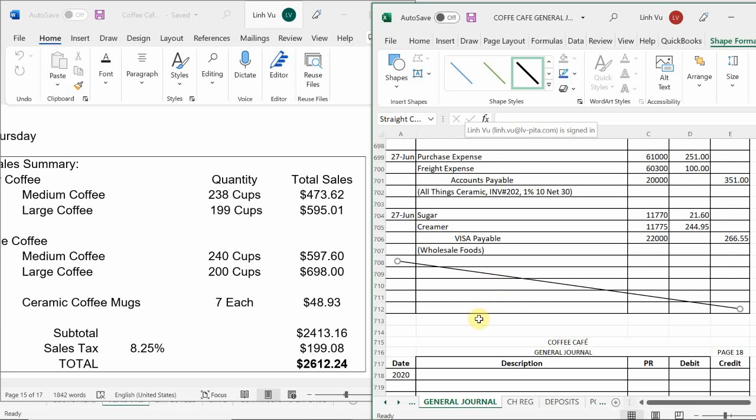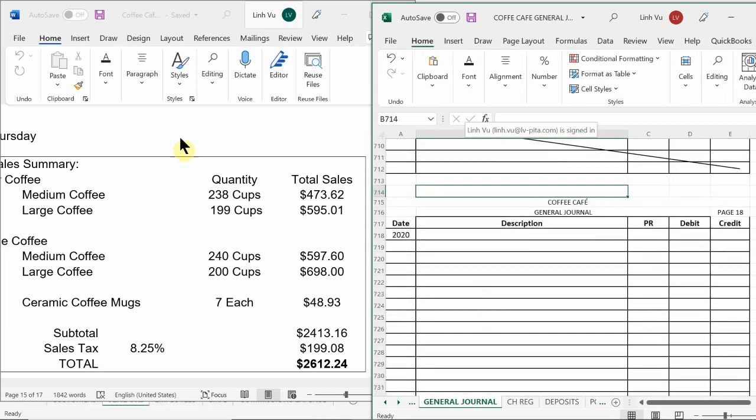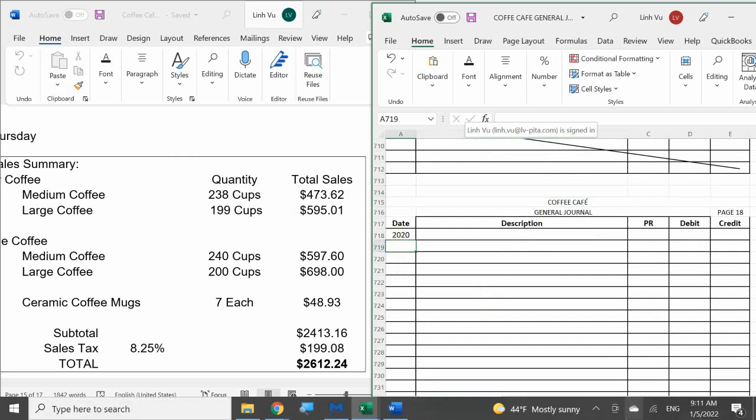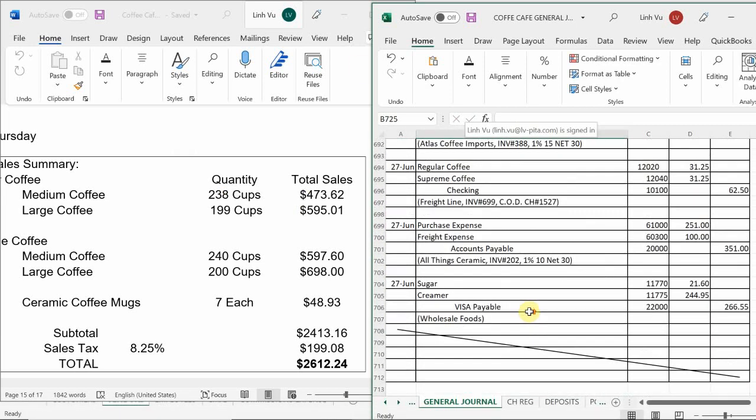Okay. And we're going to start on page 18. Okay. With our daily sales.